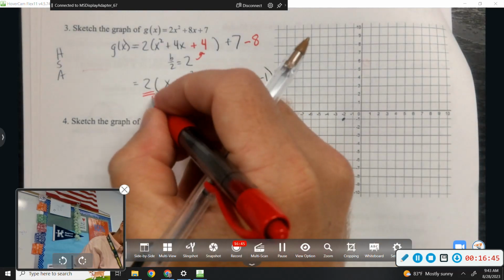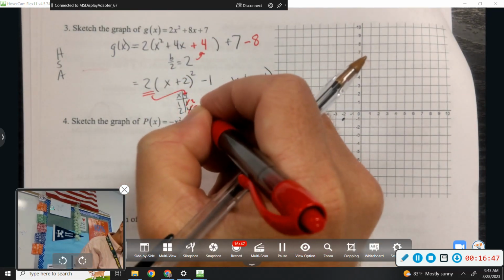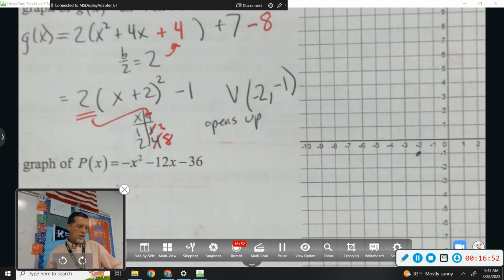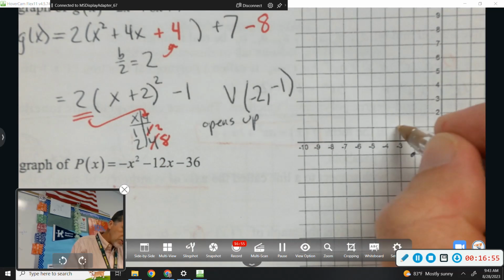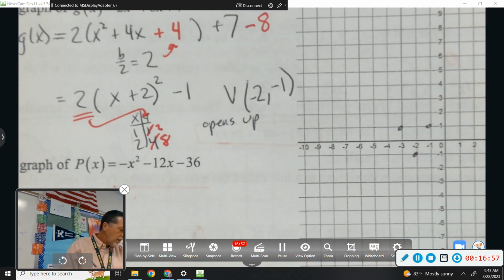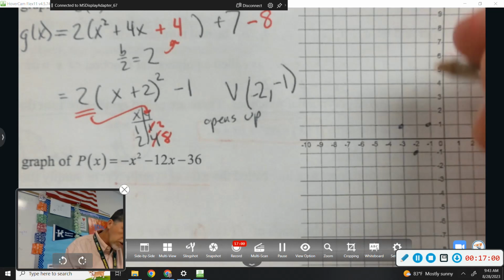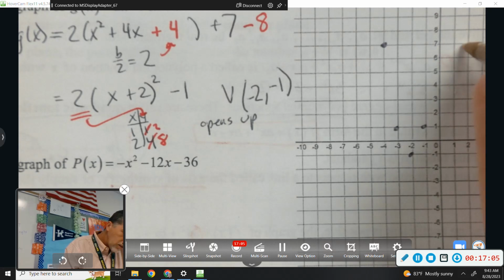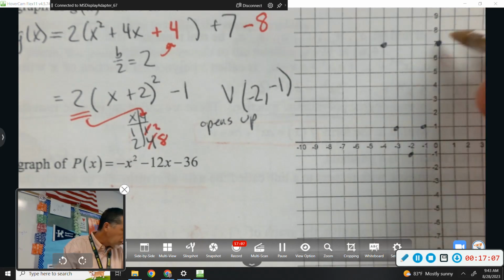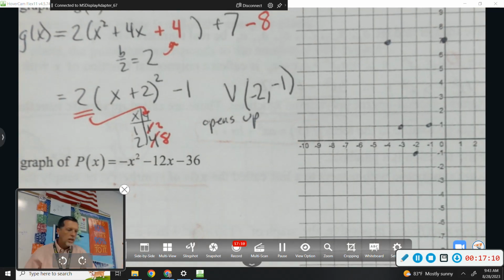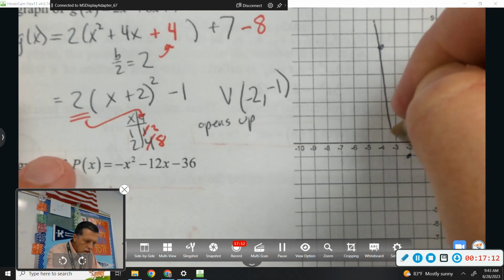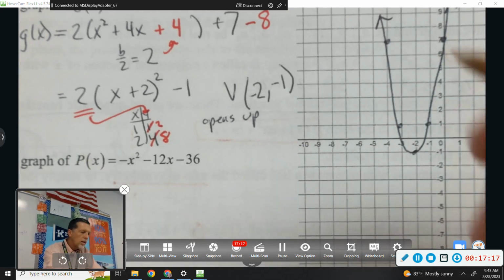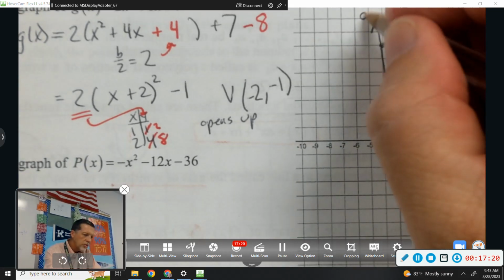So that 2 is going to multiply the y values by 2. So instead of going 1, 1, we'll go 1, 2 on either side. And instead of going 2, 4, we'll go 2, 8. On either side. And that was g of x.